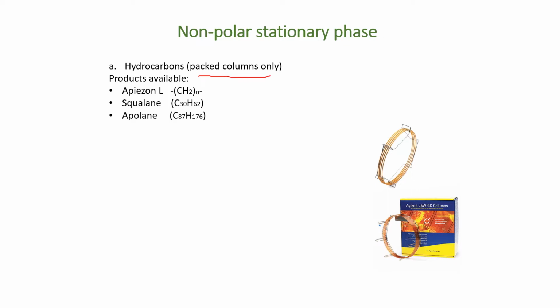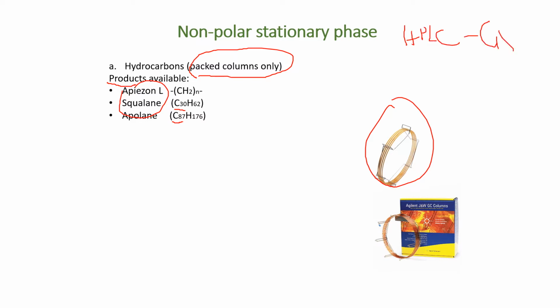I start first with the packed column. The products, meaning the brands available, are these three. However, they are not popular anymore because capillary columns are taking over the world. So you see how non-polar it is. C87. The one that we learned in HPLC, what was it? C18, right?